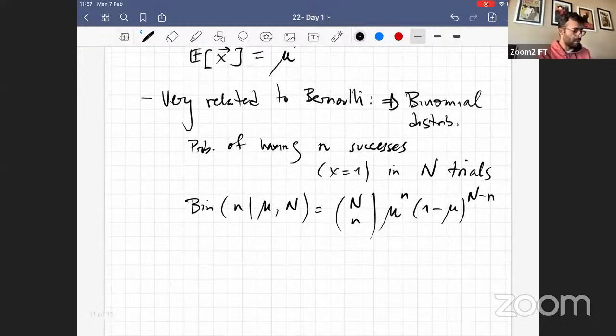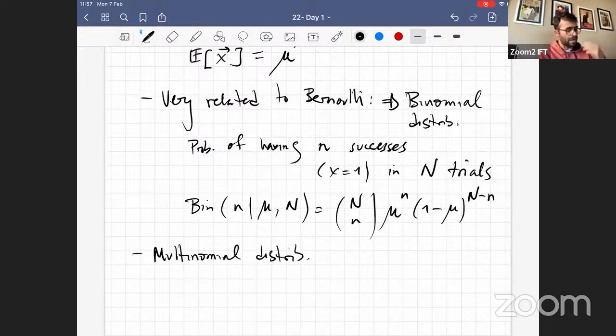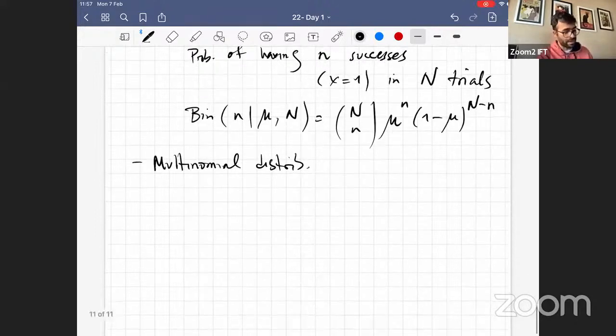So this is the binomial distribution, and the generalization is the multinomial distribution. Again, the probability of having n successes in N trials, where a success now refers to the value of a categorical variable with more than two classes.